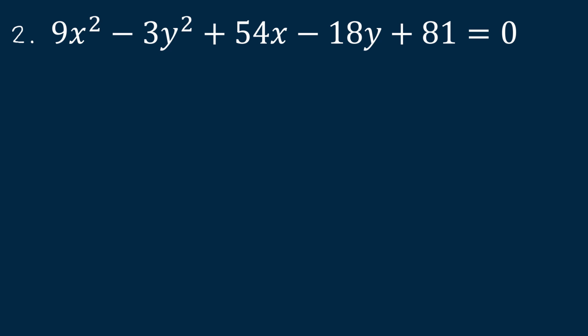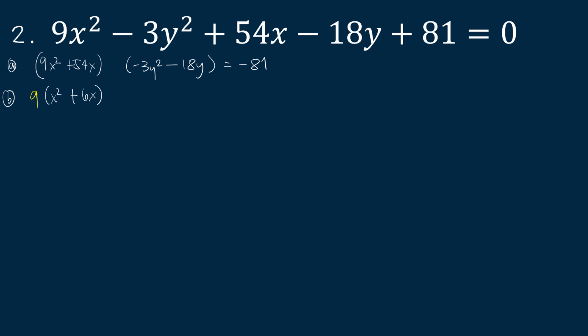First step again, letter A, we have 9x squared plus 54x negative 3y squared minus 18y is equal to negative 81. Okay, then letter B, factor out 9 will become x squared plus 54 divided by 9 will become 6x.